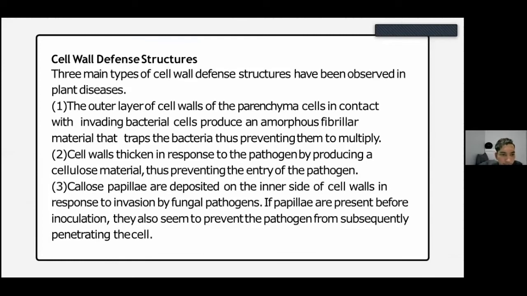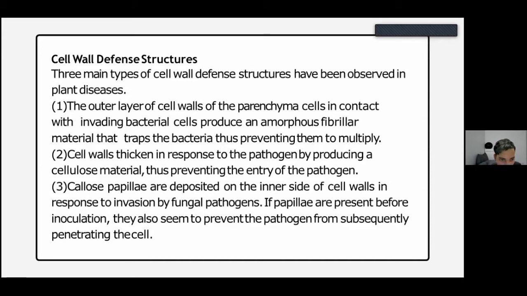Cell wall defense structure. Three main types of cell wall defense structure have been observed. First, the outer layer of the cell wall of the parenchyma cell in contact with invading bacterial cells produces an amorphous fibrillar material that traps the bacteria, thus preventing them from multiplying. Second, the cell wall thickens in response to the pathogen by producing a cellulose material, thus preventing the entry of the pathogen.